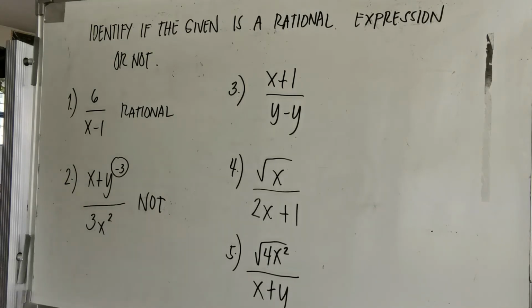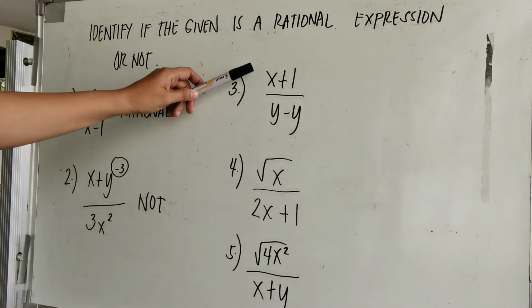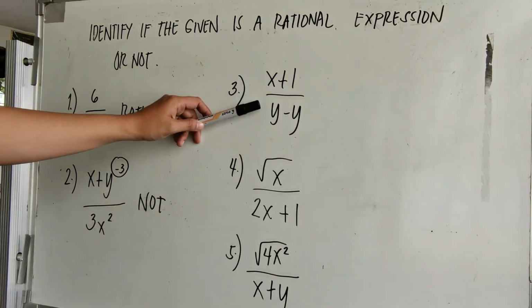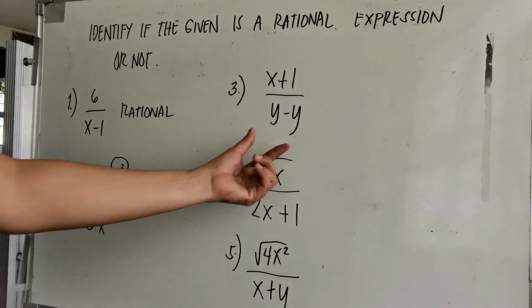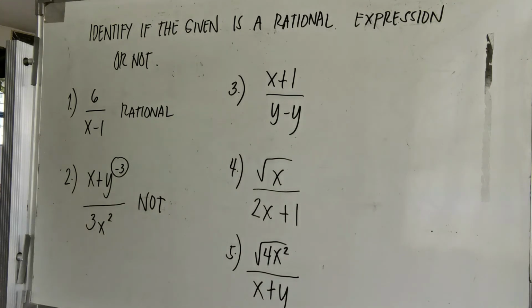Okay, next. Let us have number 3. If we have x plus 1 over y minus y, so i-observe natin, x plus 1 and y minus y are both polynomials. But take note, in our given, in denominator, take note na pwede pa siyang masimplify.